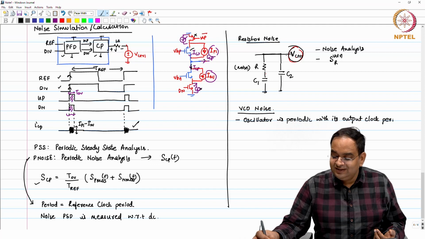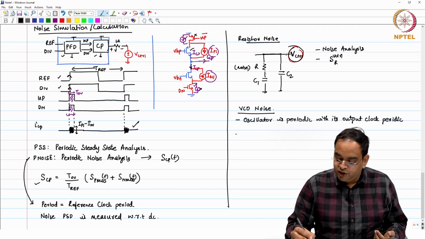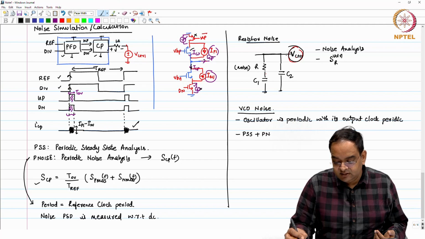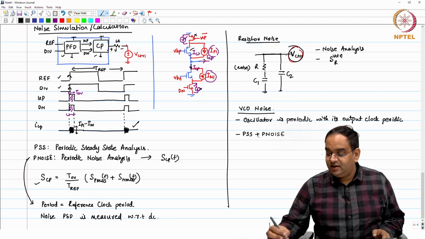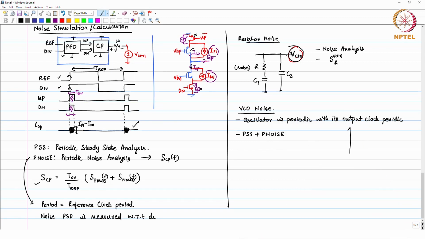So, since it is periodic in nature, you will again do PSS plus PNOISE analysis, and when you are doing PSS plus PNOISE analysis, just remember that the VCO is oscillating at a certain frequency, f oscillation.